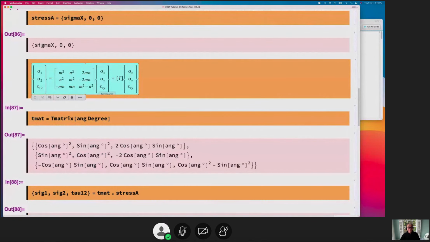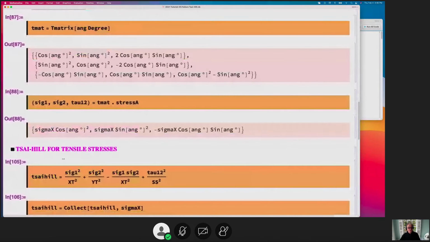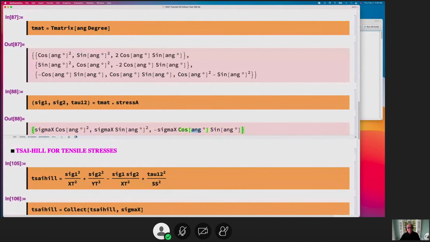That's the T matrix, and then this is sigma 1, sigma 2, tau 12. So I have sigma 1, sigma 2, tau 12 with sigma x some value and the angle being some value.